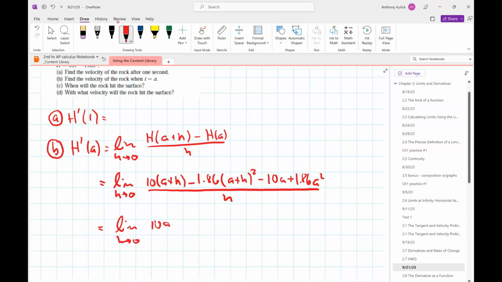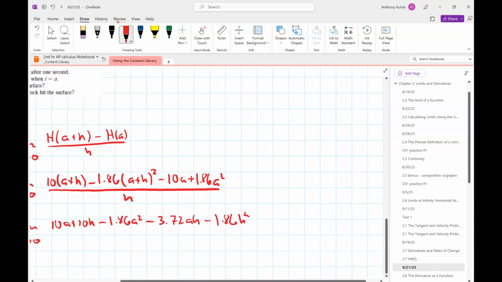So I have 10a plus 10h minus 1.86a squared minus 2 times that is going to be 3.72ah minus 1.86h squared.